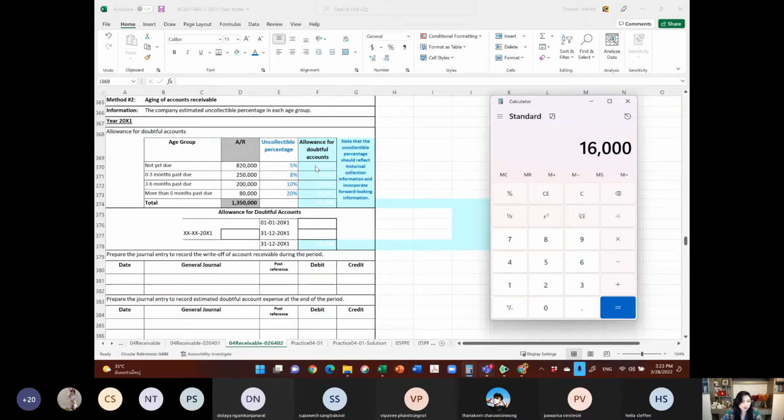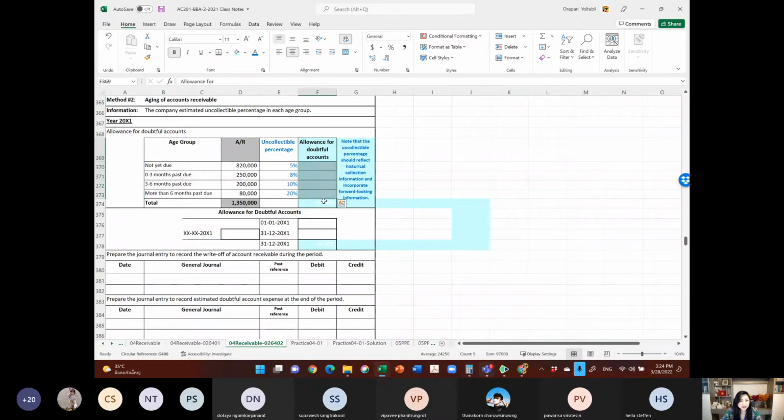So after you multiply the receivable with the percentages, you put them all in the M plus, and then you press MR. If you press MR, you get 97,000. What is this 97,000? This 97,000 is the amount of the allowance that you want to have at the end of the year.